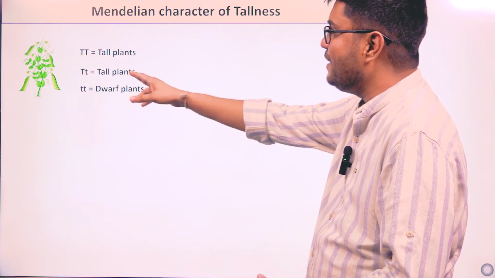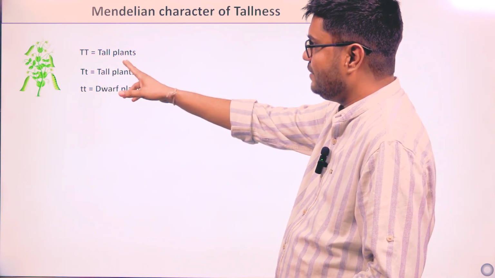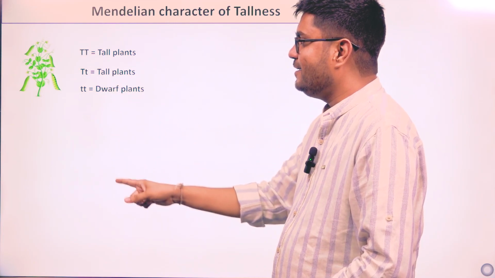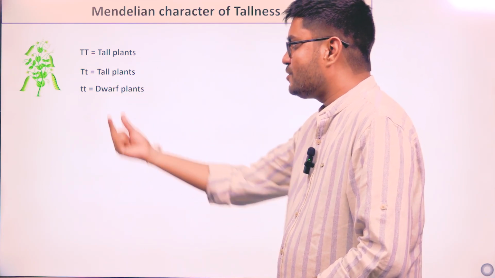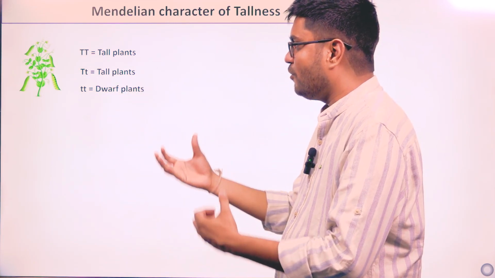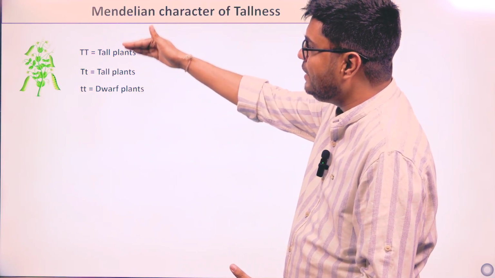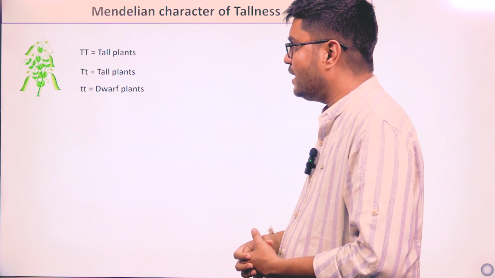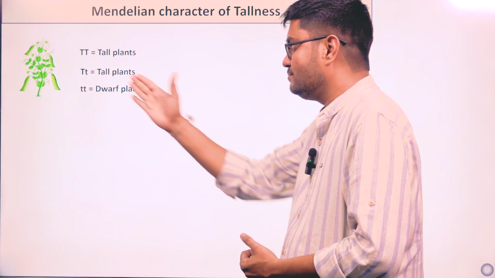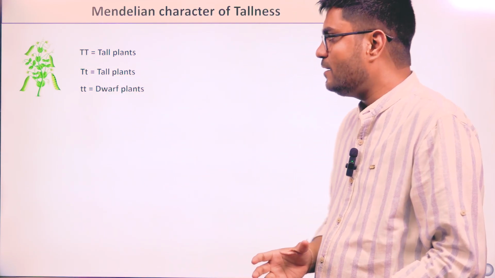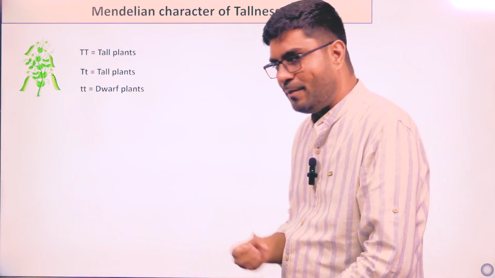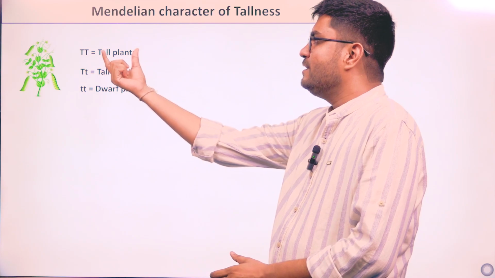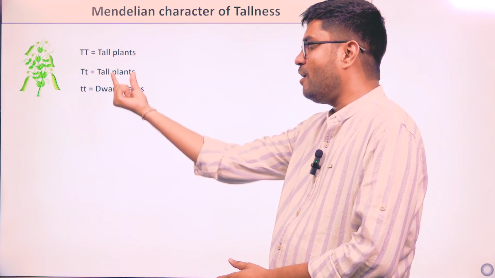A plant can be capital T, capital T, tall; or capital T, small t, again tall; or small t, small t, dwarf. So a plant can have any one of these three conditions, but all three cannot be present together in a single plant, right? A probability-based advantage will be there if we understand that the plant can have this or this or this.